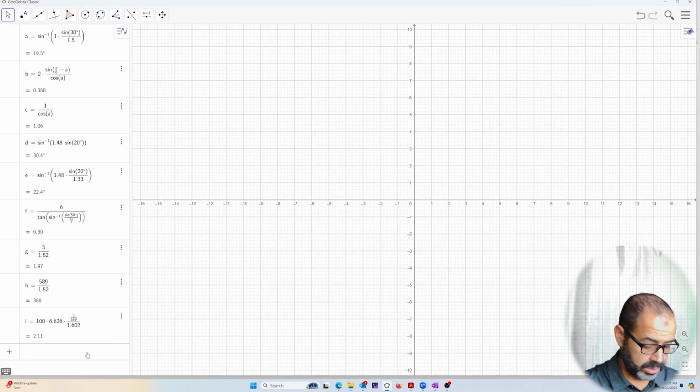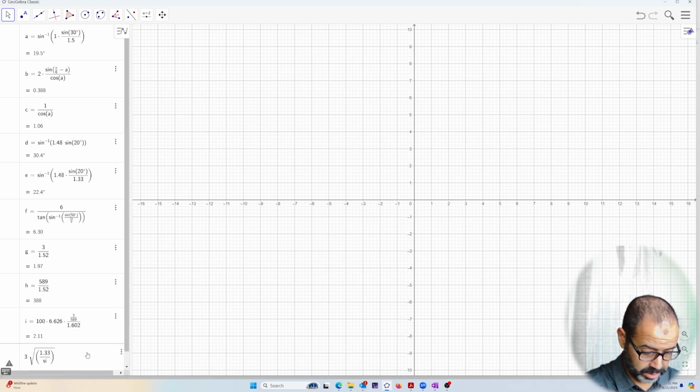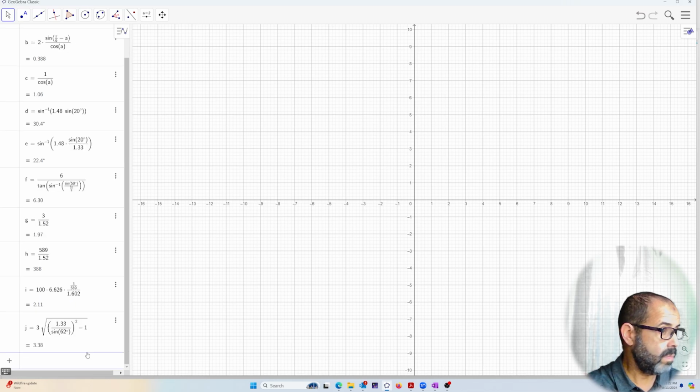So the diameter is 3 meters times the square root of, open parentheses, 1.33 divided by sine of 62 degrees, and the whole thing squared, minus 1. The answer is 3.38 meters.